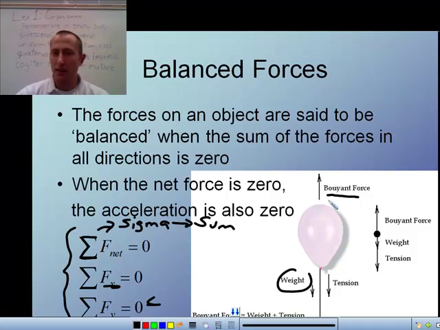If we assume that this balloon isn't moving, it's just hanging there on its string, then it's not changing velocity, the velocity is staying at 0, which means that it's not accelerating, which means that there must be 0 net force, and so that tells us that the weight plus the tension has to equal the buoyant force, so that those forces balance each other out.